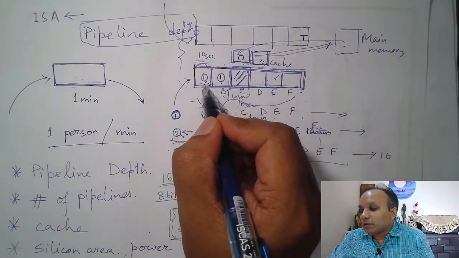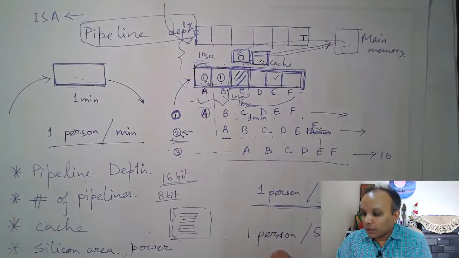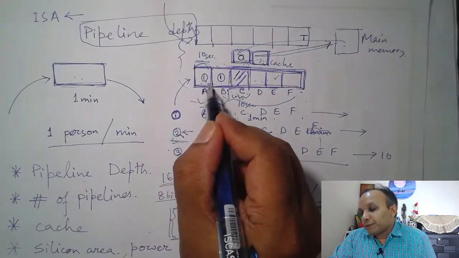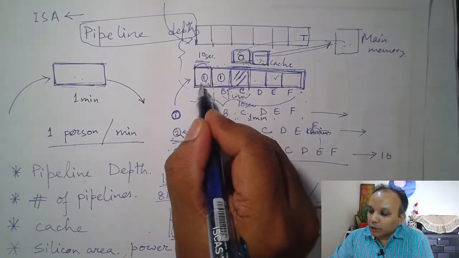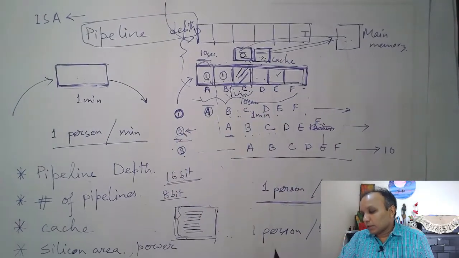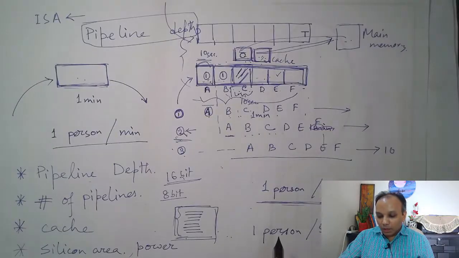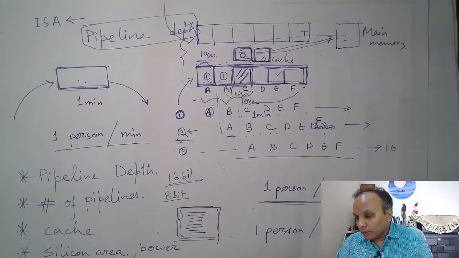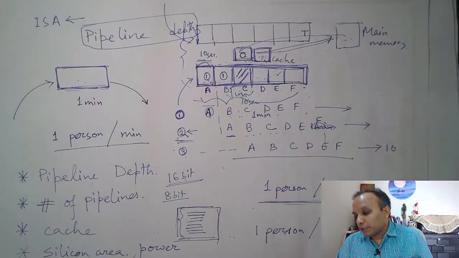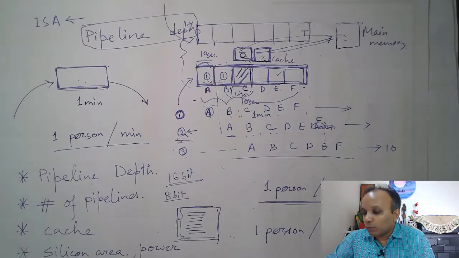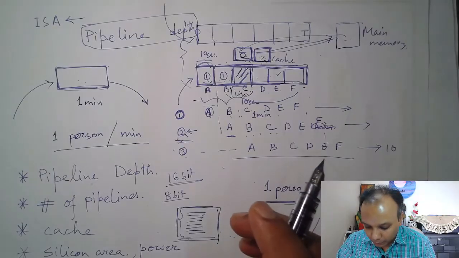The advantage might be that small spoons might cost you less, so you save some money, but it will affect your time, because each guy will take more time to take their food. That roughly can be compared with your bus width. On the other hand, you can have a big enough spoon so that anybody can take a single serving, and that should be enough. Sometimes, if the spoon is so big, some people will only take half a spoon. So, there you will be putting in more resources, but you will be underutilizing that resource.